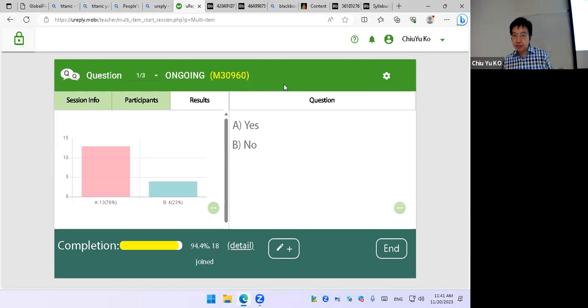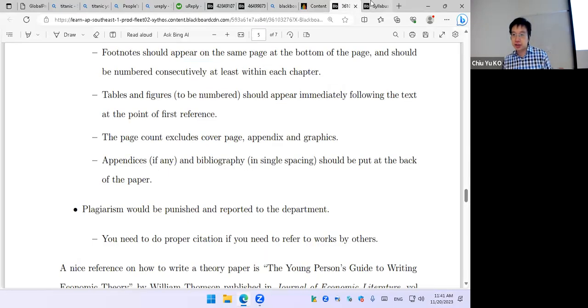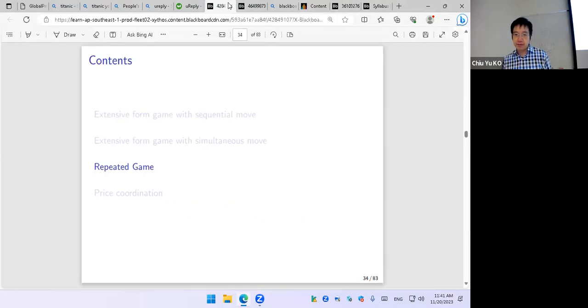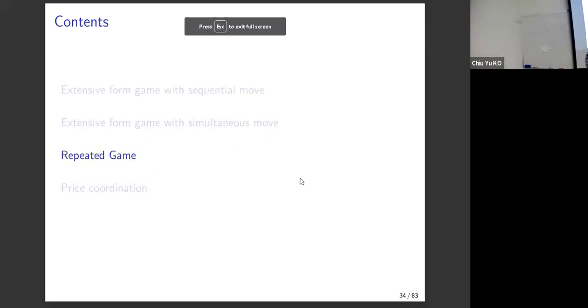So now let's continue our journey in our game, with sequential form and simultaneous move. Now we focus on a very particular game we call the repeated game. A repeated game means we repeat the simultaneous move game many times.